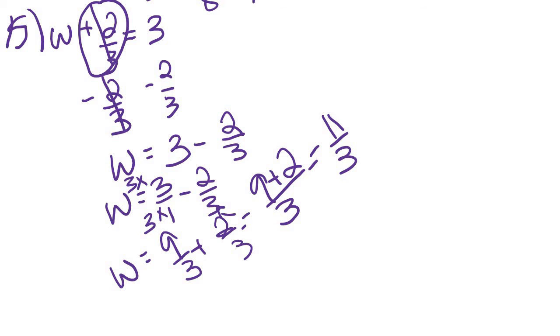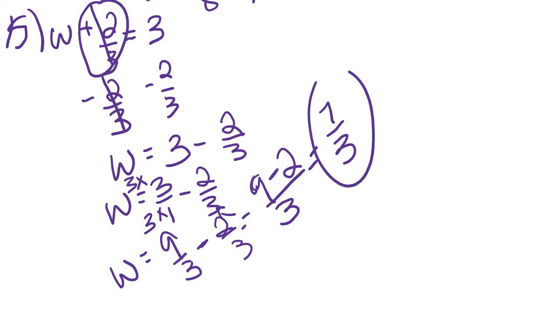Oh, hold on, guys. No, it's not. That's subtraction. Whoops. See what happens when we're not careful? So that's 9 minus 2, which is 7 over 3. There we go. Now we got it.